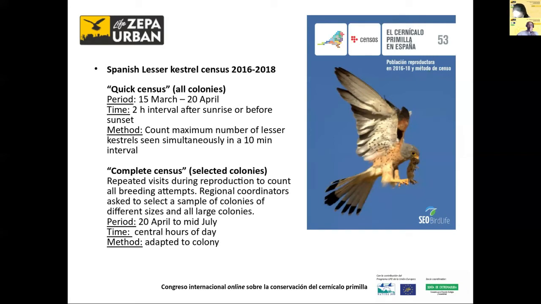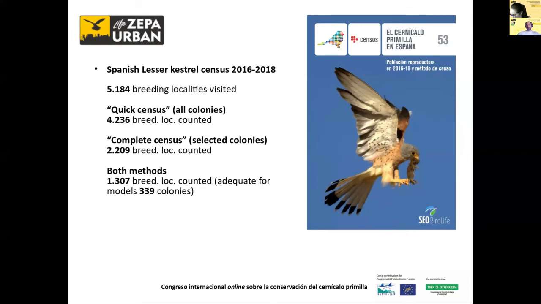The census was carried out from 20 April to mid-July. There was no specific time for the complete census. In general, it was suggested that if it was necessary to enter the colony, not to spend more than 2 hours, but the census could be carried out at any time of the day. And the method was in general adapted to the type of colony.